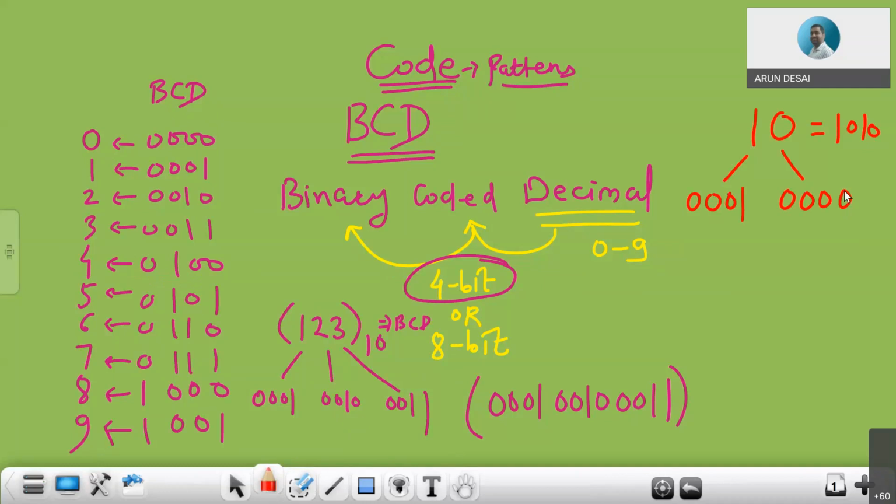So this is the difference between binary and BCD. You need to use a 4-bit pattern in case of BCD. So this is an overview of BCD. Have you got the idea about BCD, right?